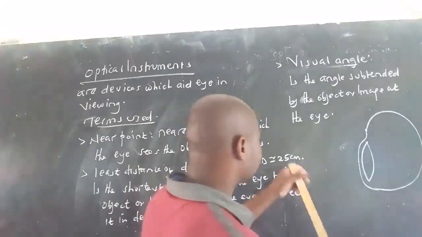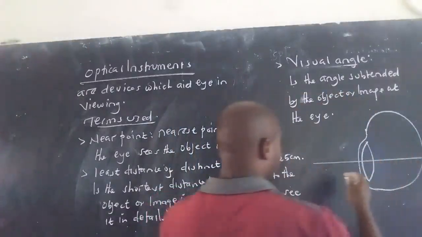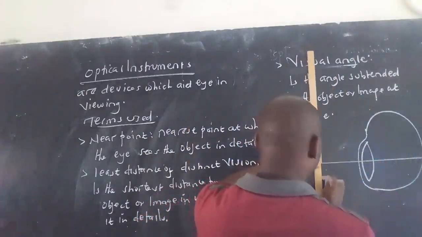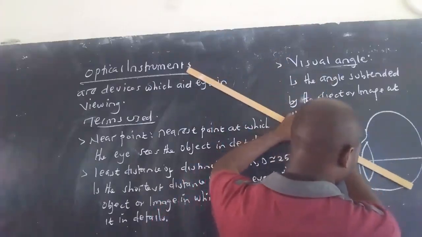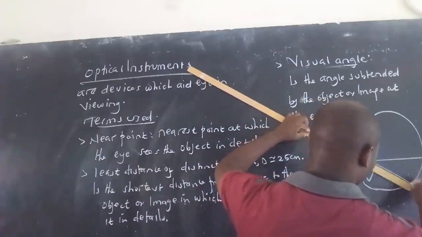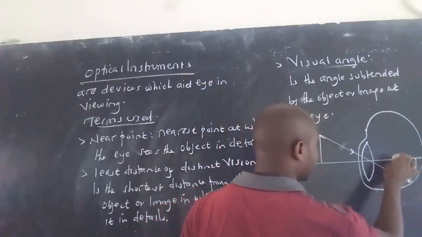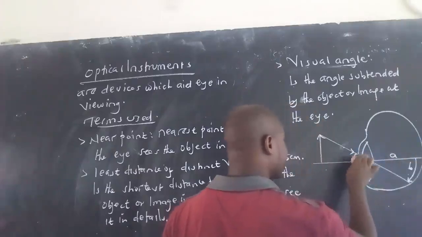Then you put the axis here, then you put an object here, forming an image somewhere here. Let's say the distance here is A, the height of the image is B, and the angle subtended is theta.